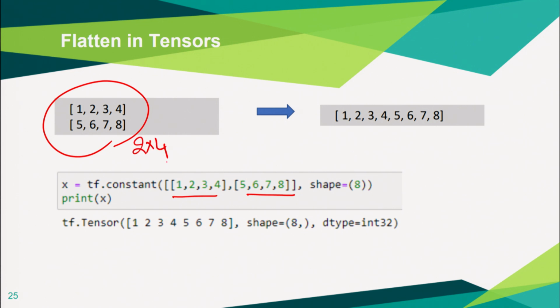Now, this 2 by 4 input data set is being taken and it has been given the shape 8. It indicates that one single vector has to be displayed. If you print the x value, your output will be a single dimensional vector with 8 elements. It consists of totally 8 elements, that is it.